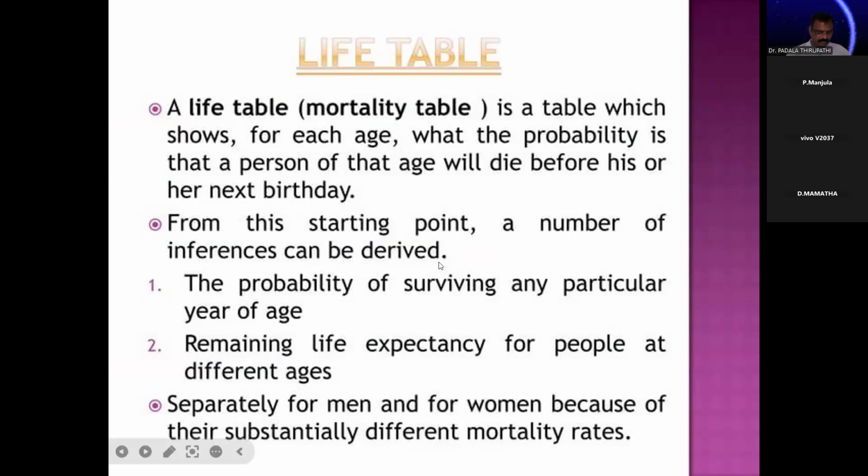From this starting point, a number of inferences can be derived, that is the probability of surviving any particular year of age, or the remaining life expectancy for people at different ages. It is also done separately for men and women, because of their substantially different mortality rates. We can observe the different mortality rates in men and women.